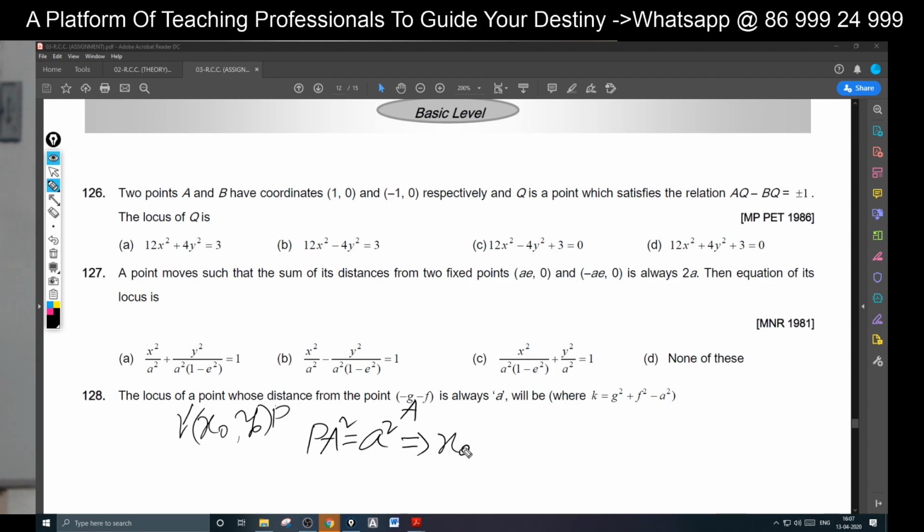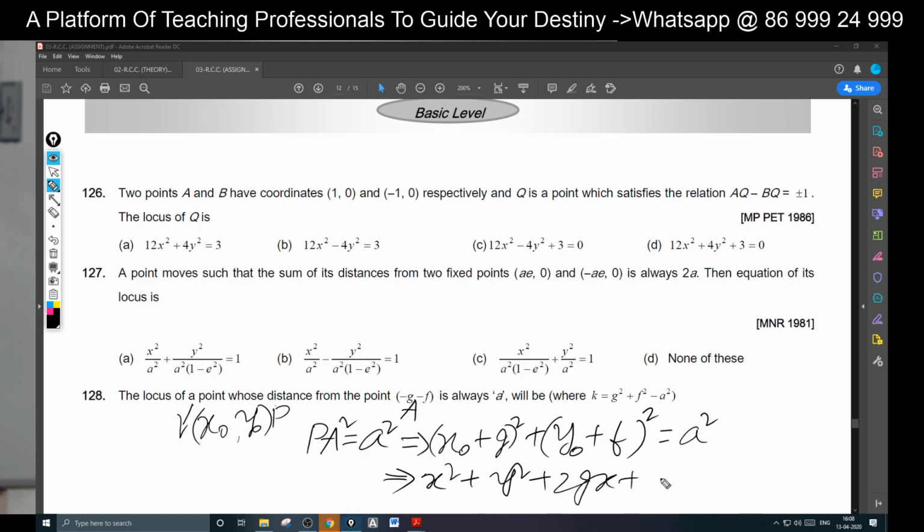Apply the distance formula: x naught plus g whole square plus y naught plus f whole square is equal to a square. Now simplify this, converting x naught y naught to x y, and you will get x square plus y square plus 2gx plus 2fy plus g square plus f square minus a square, which is given to be k. So plus k equal to 0.